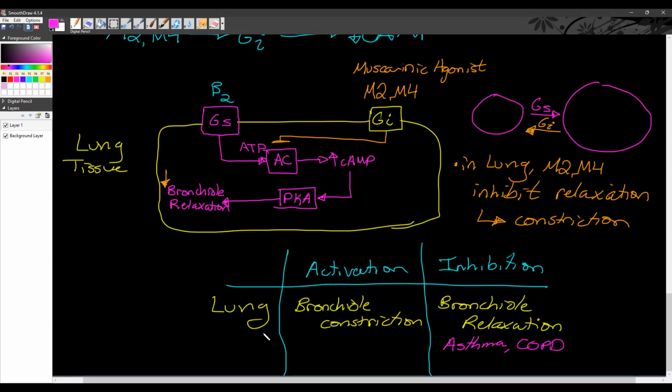Is there ever a condition where we want to constrict the bronchioles? There is one. If we want to kill the patient. So is a muscarinic agonist a good idea for someone who has severe asthma?